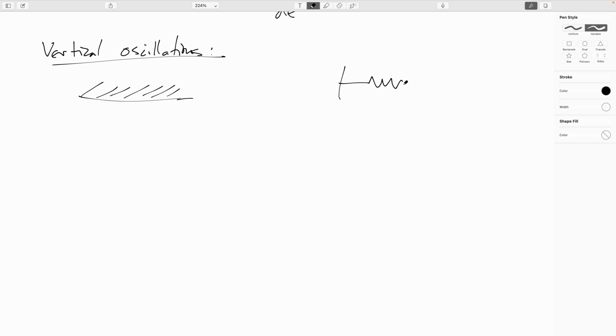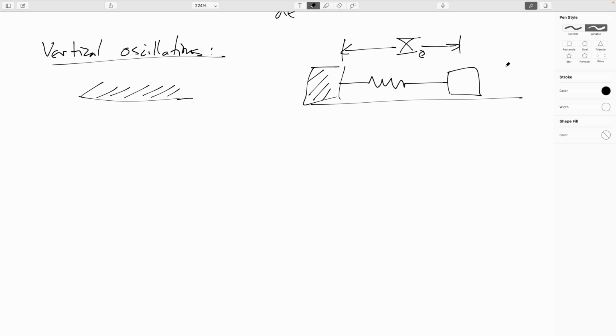So just to have everything defined in a sensible way here, I'm going to say that the equilibrium position of my mass is capital X equilibrium when I've got a horizontal spring like that. Now if I hang the mass on the spring vertically, the spring is going to stretch because of the force of gravity acting on it.